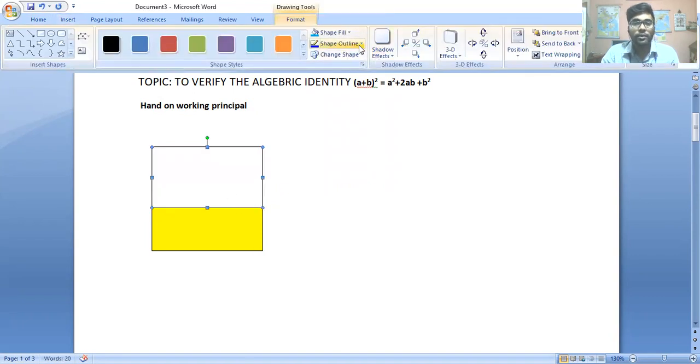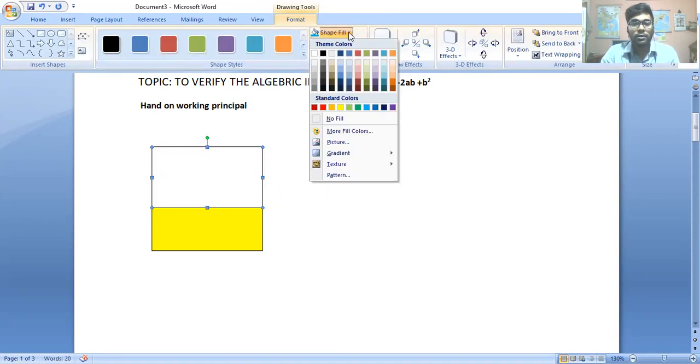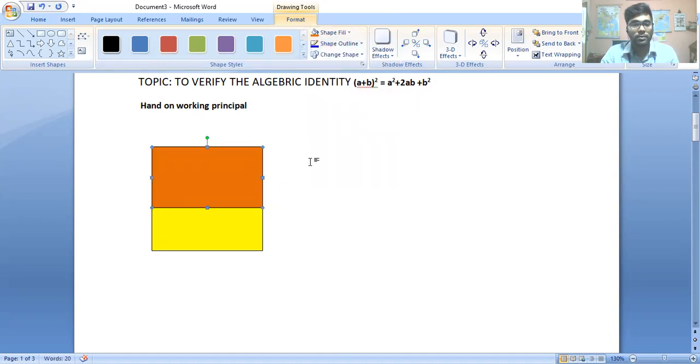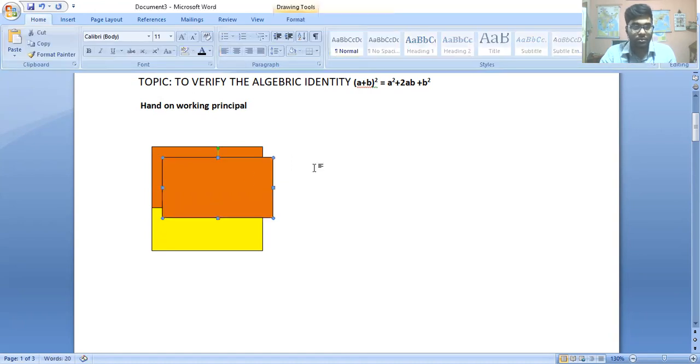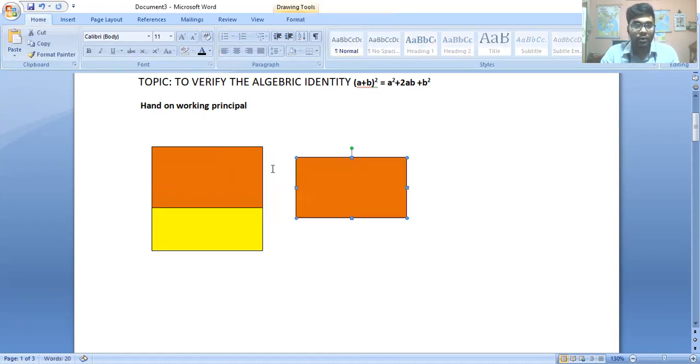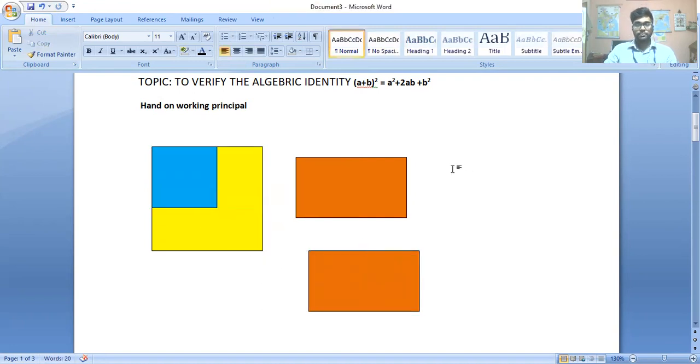Clear? So I have made two such rectangles.